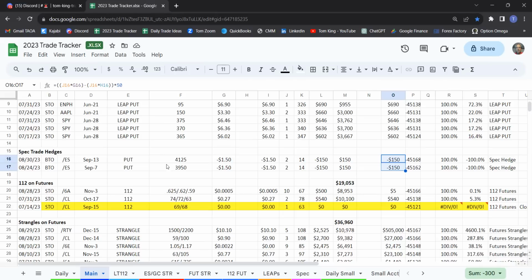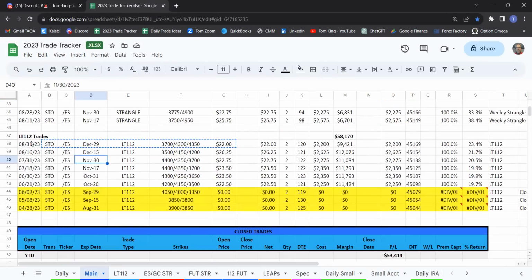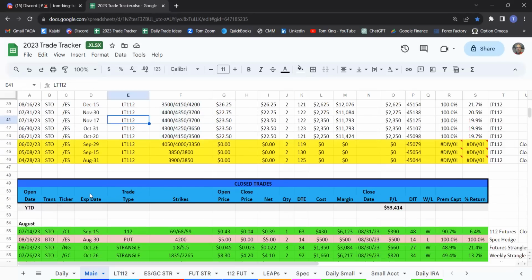Again, it's a black swan type of scenario, not a 5% down. But I like the way the portfolio is positioned. We just put on a new long-term 112 trade, which is perfect. So now we're back up to sitting on just 4 of these, or I'm sorry, 6 of these trades, even though we have one coming off today.